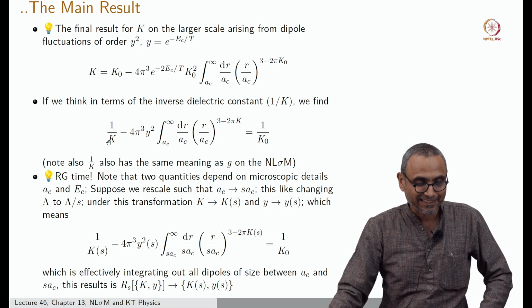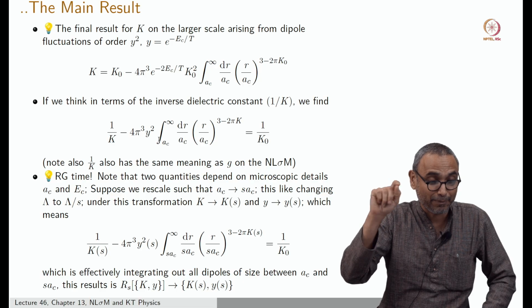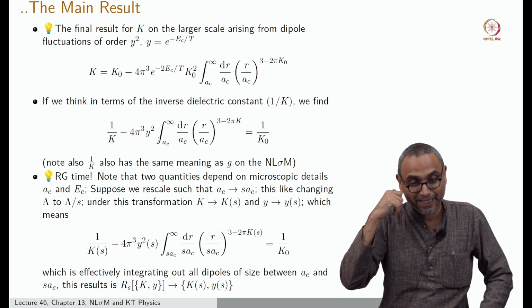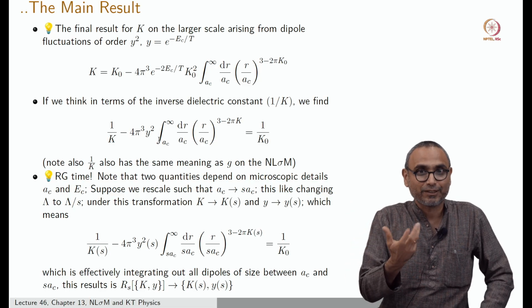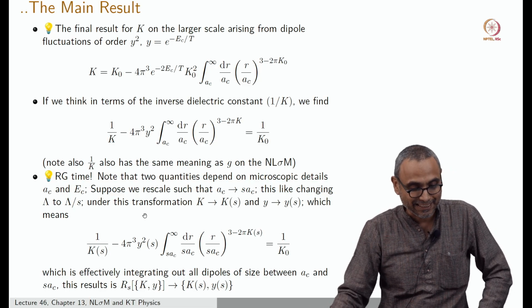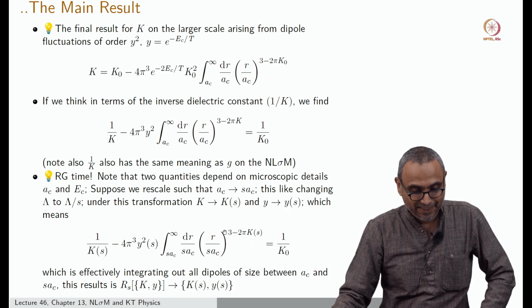So basically I change K to K of s, and I change the fugacity, because the fugacity is e to the minus core energy by T. So that quantity depends on the cutoff, and it is also a function of s. And this is all changed to s like this.